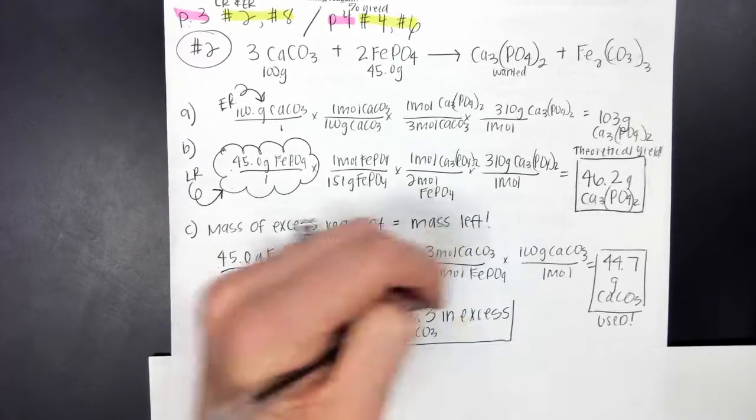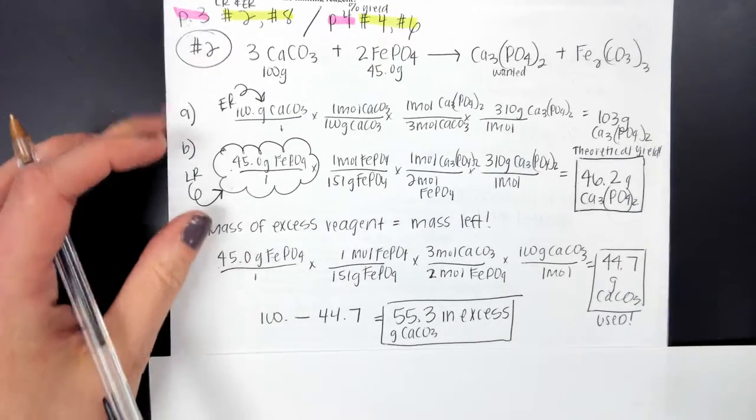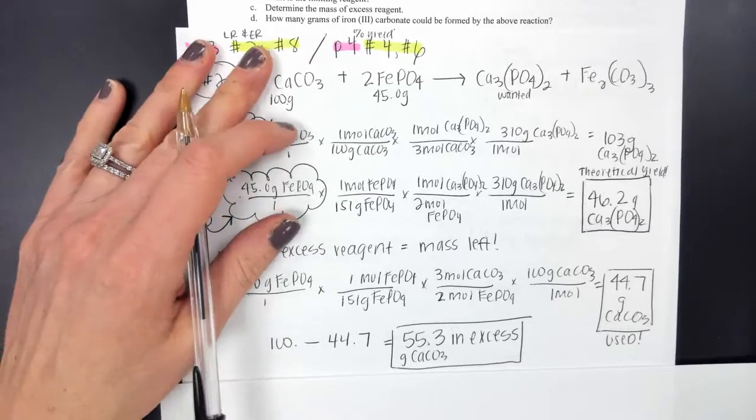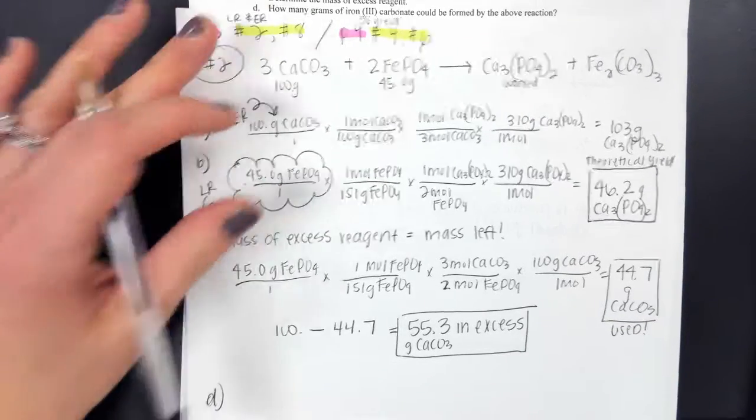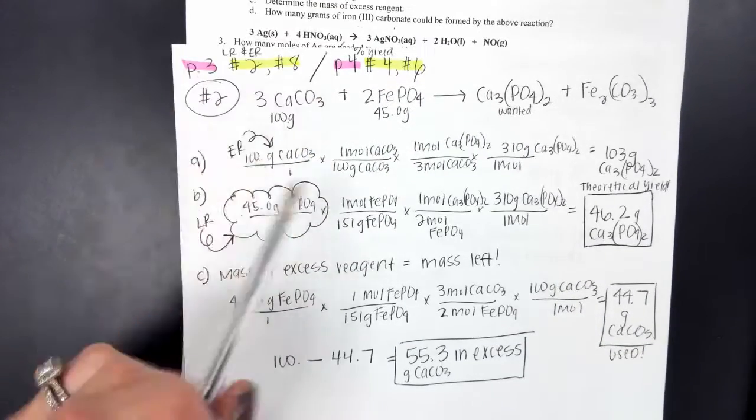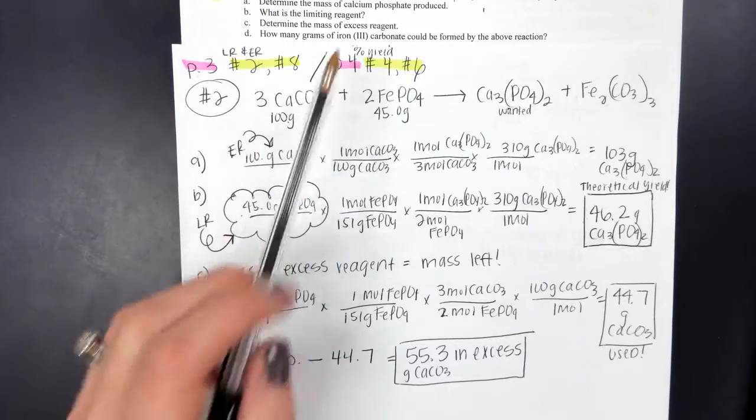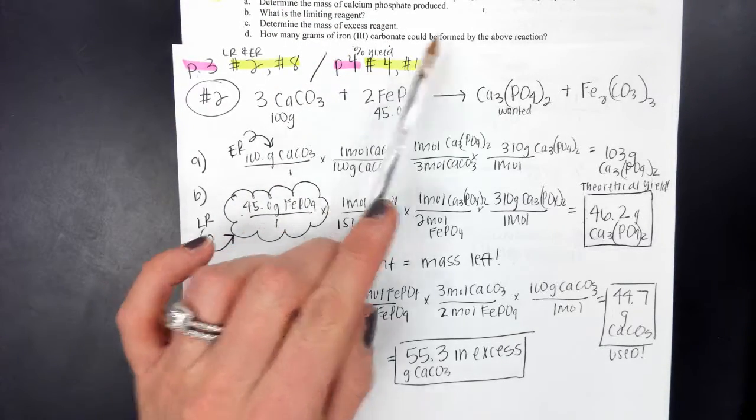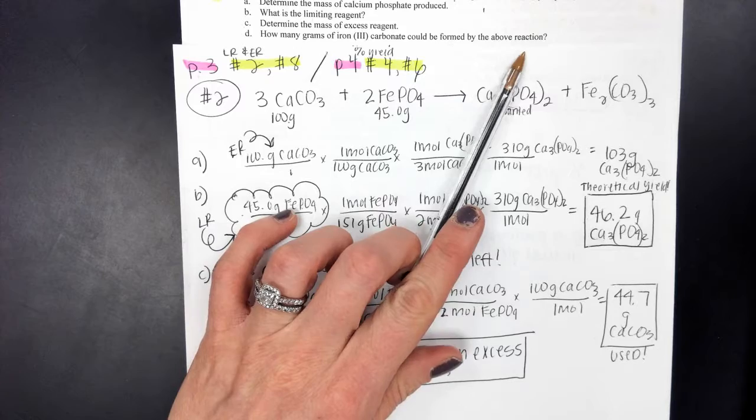Okay, or left. Voila. And then D says how many grams of iron 3 carbonate could be formed from the above reaction.